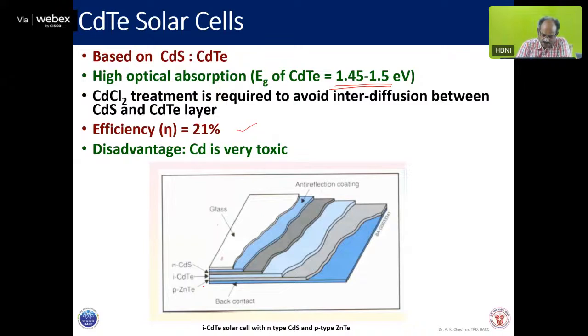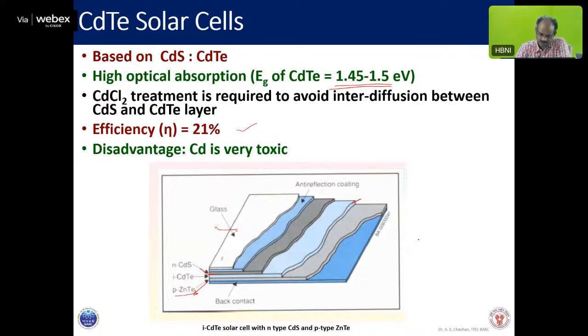So if we see the typical layers, at the top side we have glass, and just below glass you have an anti-reflection coating, and then you will be having a layer of N type CdS, and then there is an intrinsic layer of cadmium telluride, and then you have a P type layer of zinc telluride.